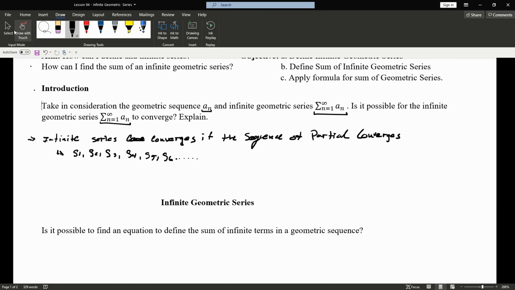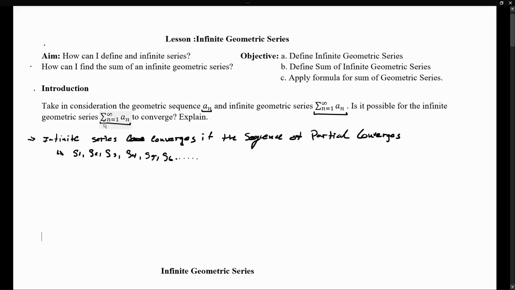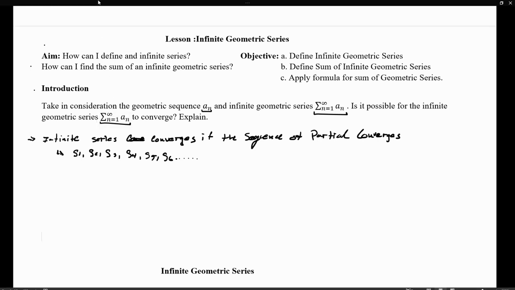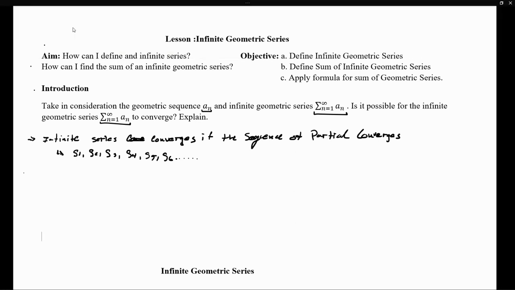But now, let's try to understand what we're trying to do here. We want to say, when does a geometric series converge? Well, we know that the sequence of the partial sums must converge.